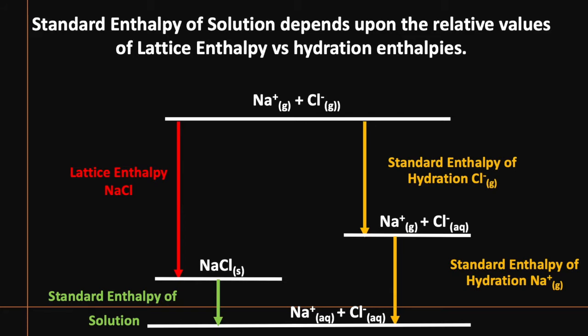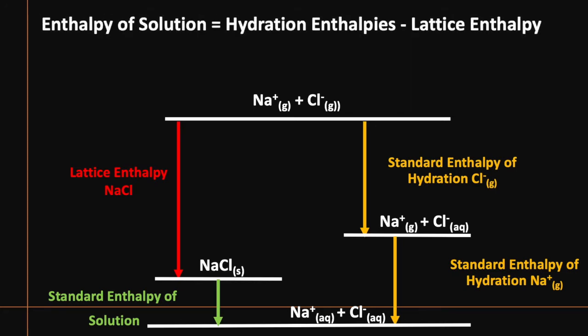It's going to be balanced depending on which of those sides is the most energetic. We can work out the enthalpy of solution by using Hess's law, and it will be equal to the hydration enthalpies minus the lattice enthalpy.